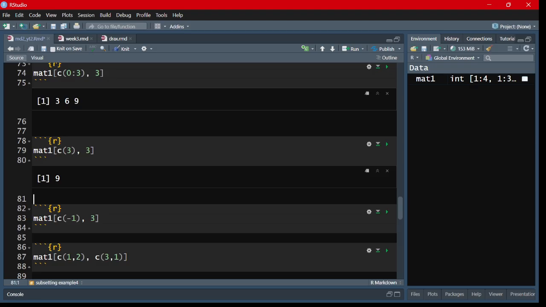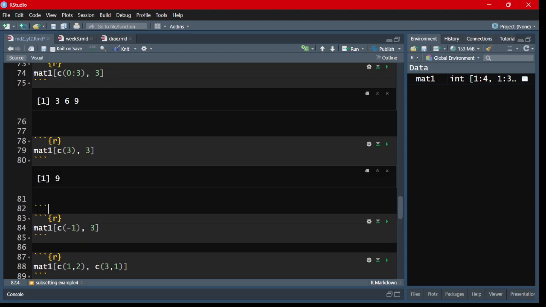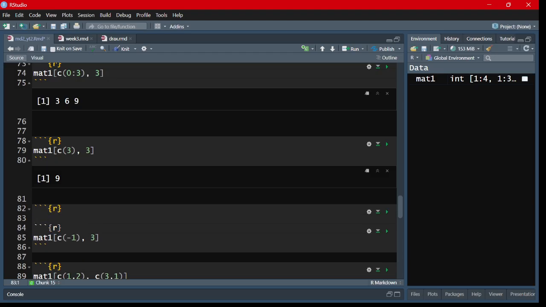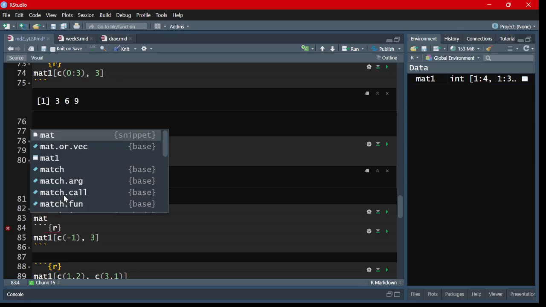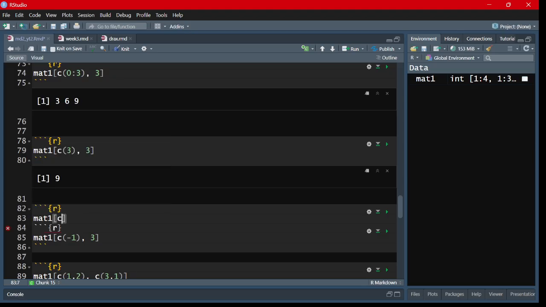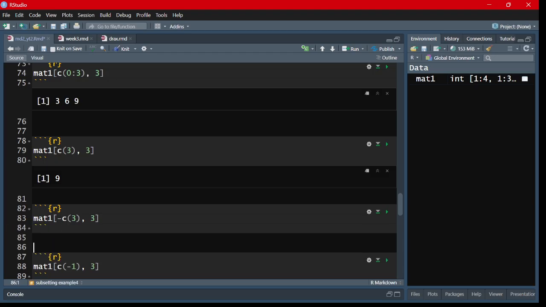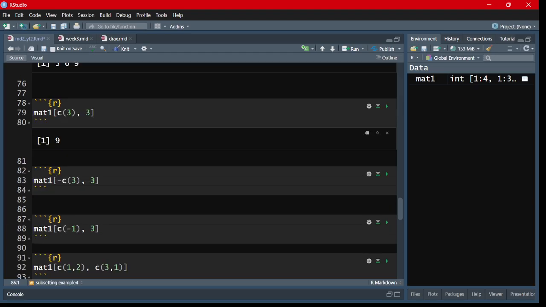But again I want to do one new thing here. Minus of c(3). Okay, so this is very complicated. Let's see what is the output.